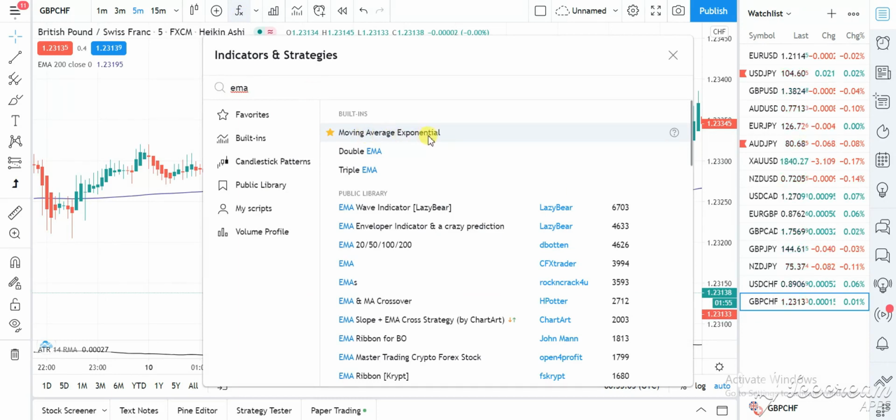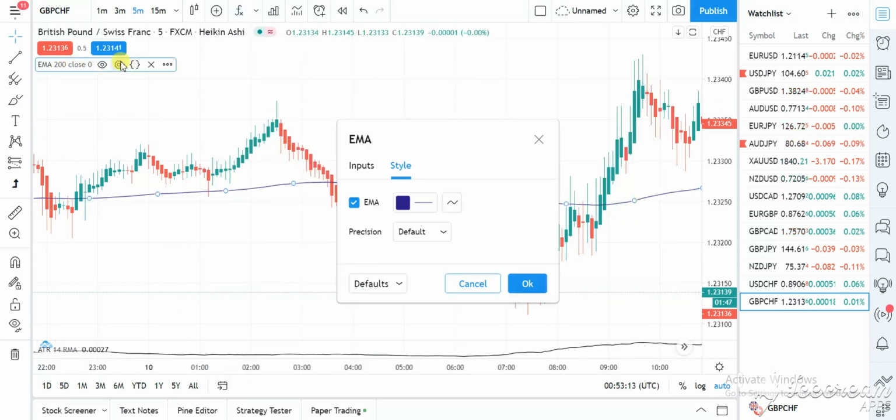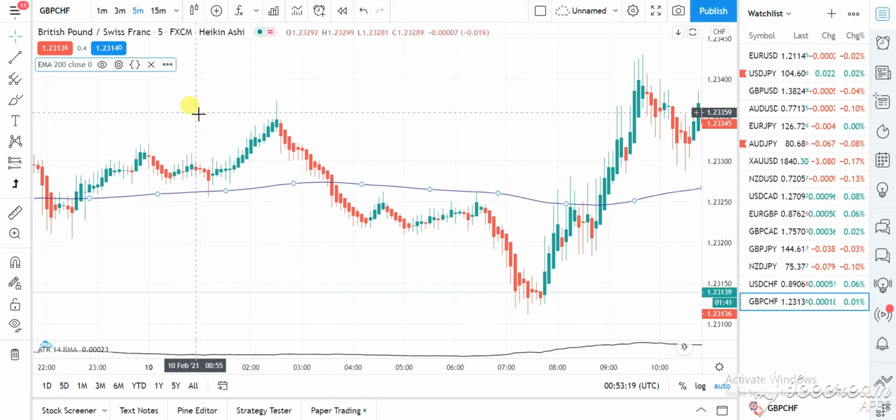So you have to add the exponential moving average line on your chart, and when you add it, then you click on this setting tool and you change this length to 200 and use whichever color you want to use. And the second indicator is the ATR. So the ATR and the 200 EMA are the only indicators we need for this strategy.